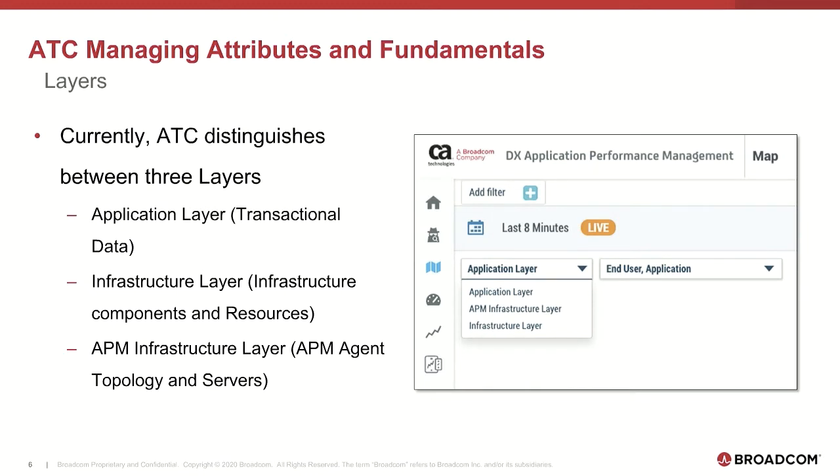In ATC, when you are at the map view, at the upper left corner you will see the drop-down where you can choose the layer for observation. So you can toggle between the three layers: application layer, APM infrastructure layer, and infrastructure layer.